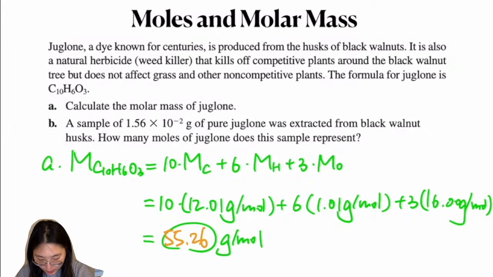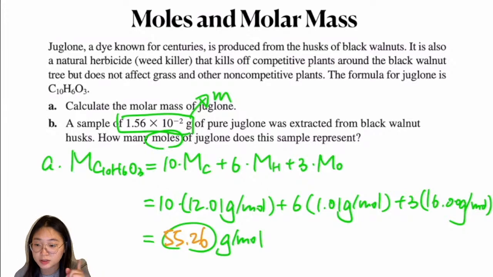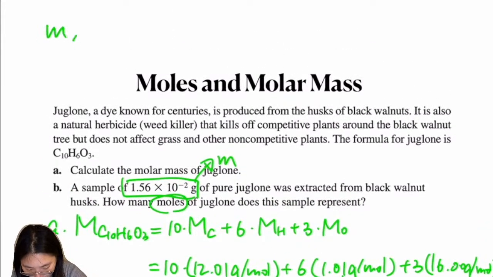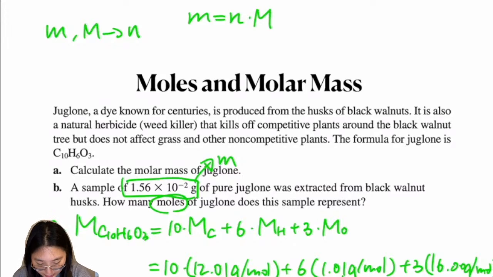And for B, you're given the mass because the unit is in grams, and it's asking for the number of moles. So now I want to go from the mass and the molar mass to the number of moles. Again, we're going to use the formula of mass is equal to moles multiplied by the molar mass, and now I want to calculate n.